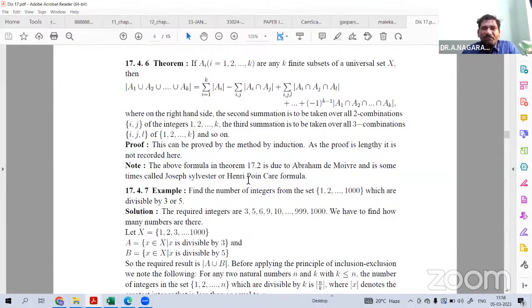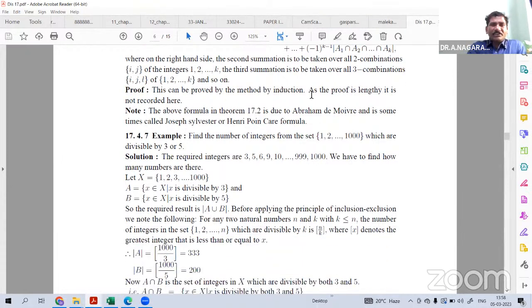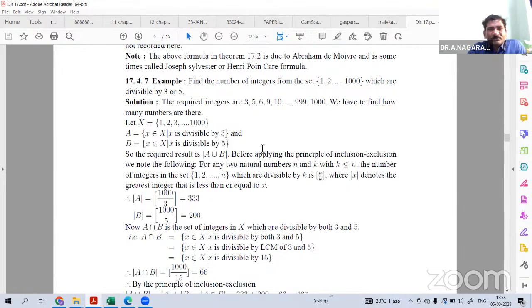So it is the summation of i equal to 1 to K of the count of Ai, minus the summation over i, j of the count of Ai intersection Aj, plus the summation over i, j, l of the count of Ai intersection Aj intersection Al, and so on, up to minus 1 to the power of K minus 1 times the count of A1 intersection A2 intersection so on AK. From a proof point of view, we can prove it by mathematical induction. From a problem point of view, it is most important.